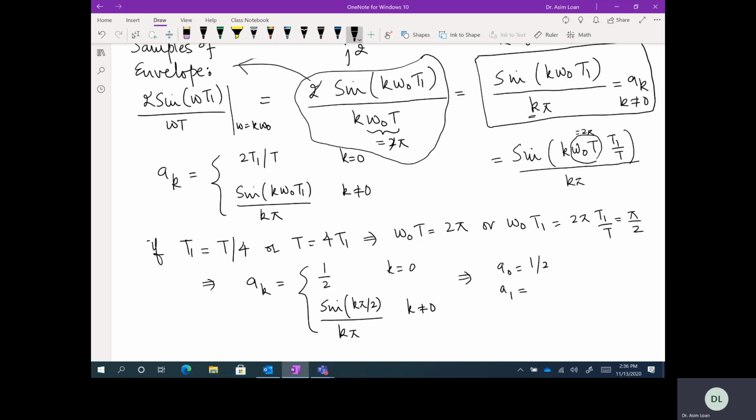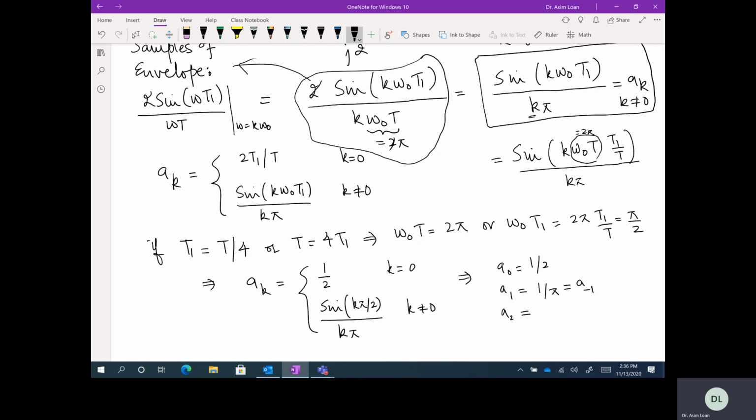What is a1? If I put sine pi by 2, sine pi by 2 is 1, so it's 1 over pi. And this is also equal to a minus 1, because it's a real function. This is an even function, so your Fourier coefficients are also even. Then a2 is 0, because when I put 2 here, this is sine pi.